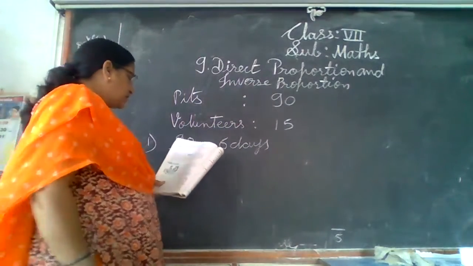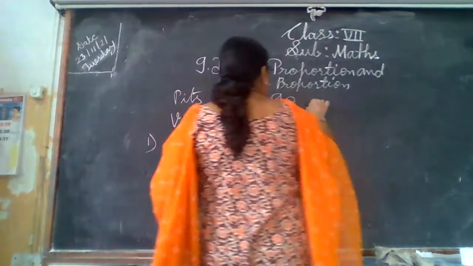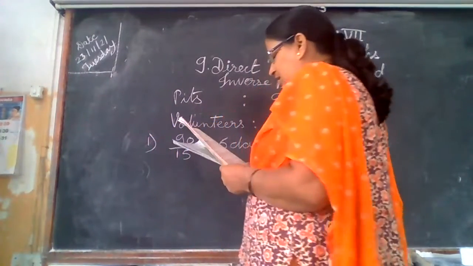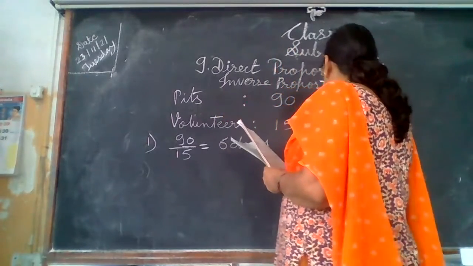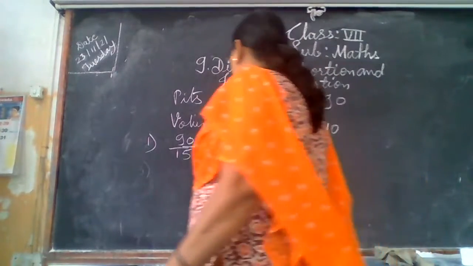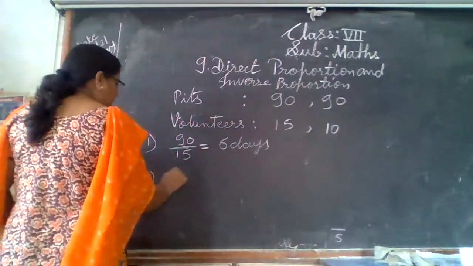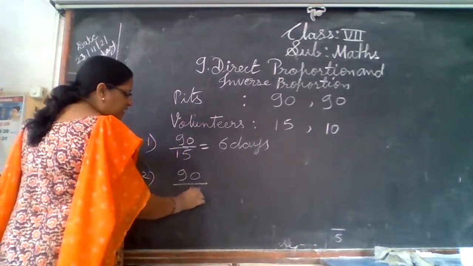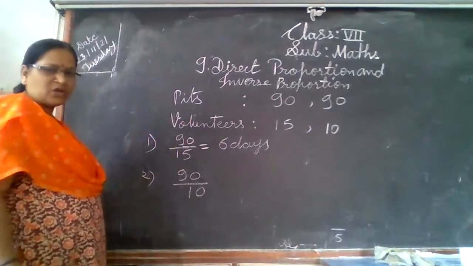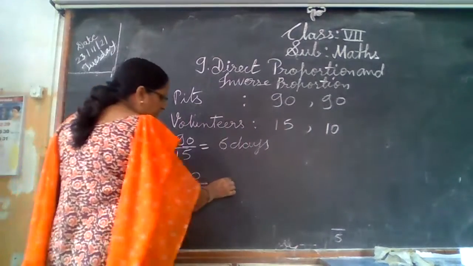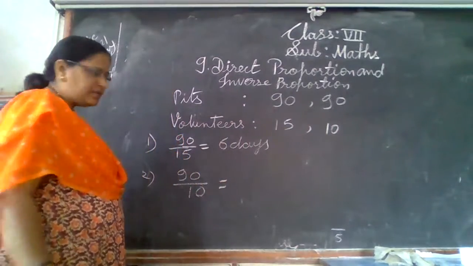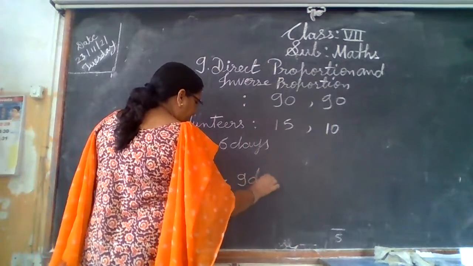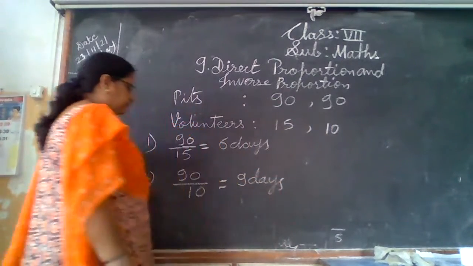Now second, it is 90 pits and the number of volunteers is 10. If there are 10 volunteers, how many days do they require to dig these 90 pits? Yes, they require 9 days.